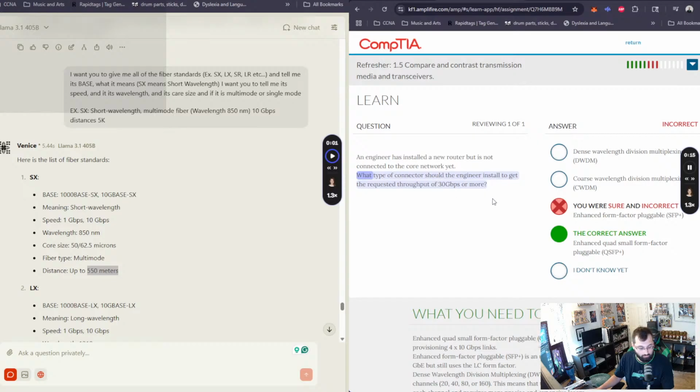What type of connector should the engineer install to get the requested throughput of 30 Gbps or more?